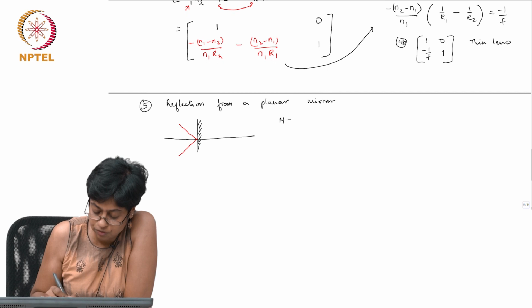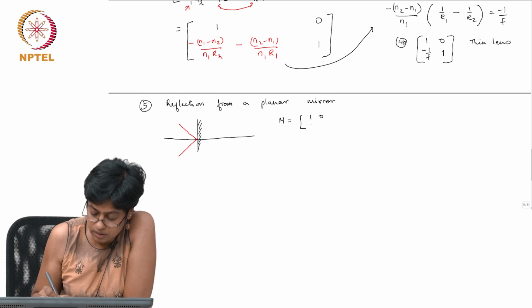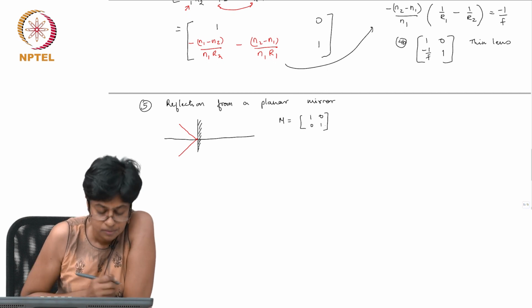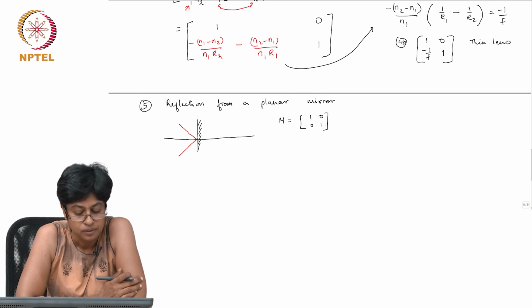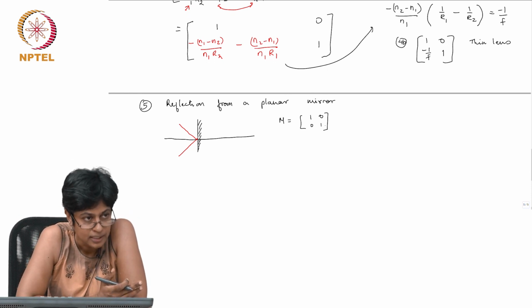I am just going to give you the matrix now. It is 1 0 0 1. Height of course doesn't change, and the angle is also the same.